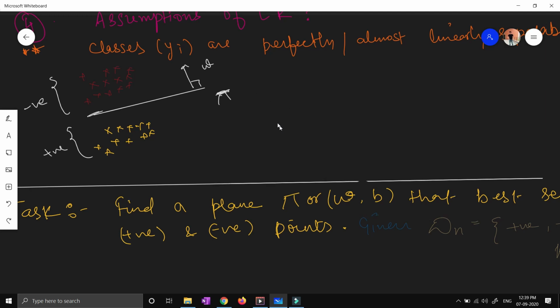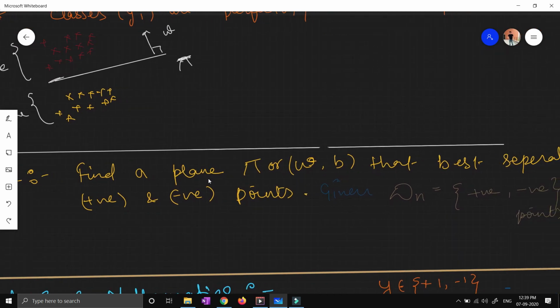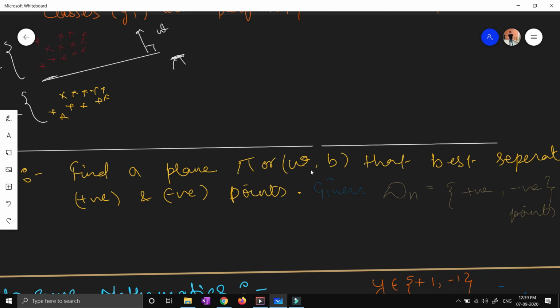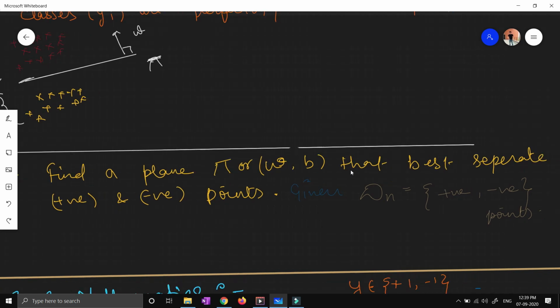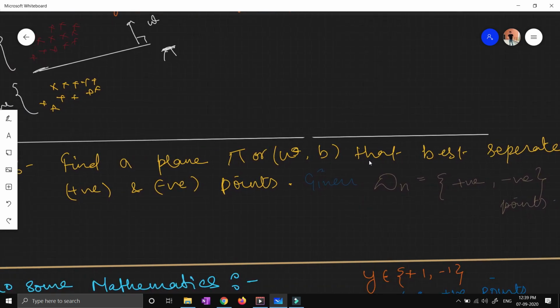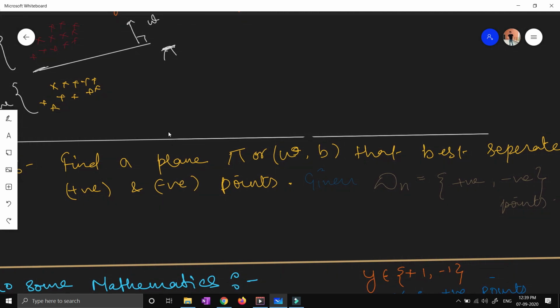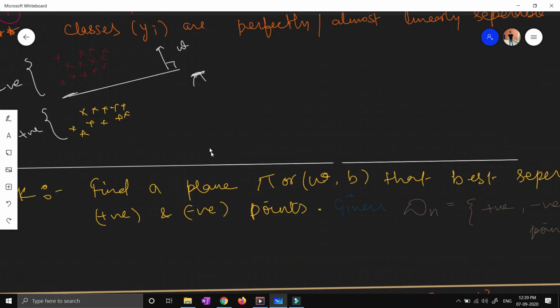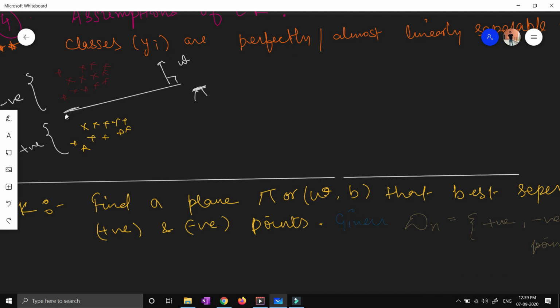So we have to find a plane pi, or values of w and b, such that it clearly or linearly separates positive and negative points from each other. So we have to find basically this particular line, or you can say the values of w and b, such that it best separates the positive from the negative points.